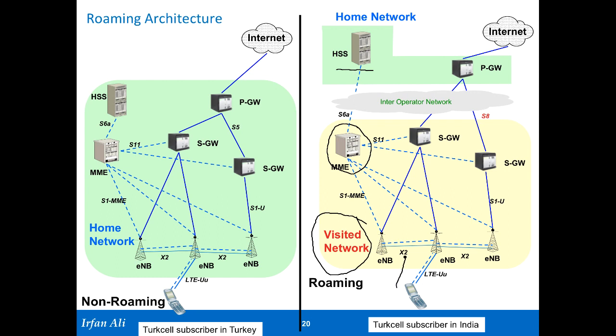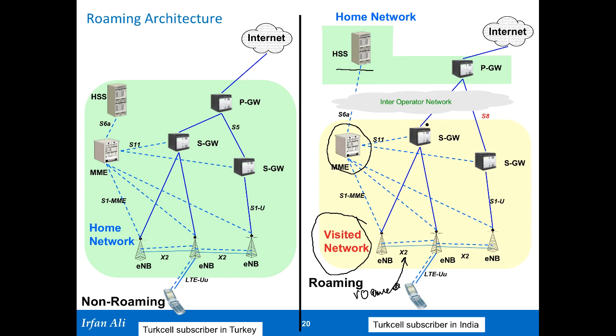When you attach, you will have to provide your identity. From your identity, the visited network figures out that you are actually a roamer, as it's called. You are a roamer, and it will find out what your home HSS is and authenticate you from the home HSS.